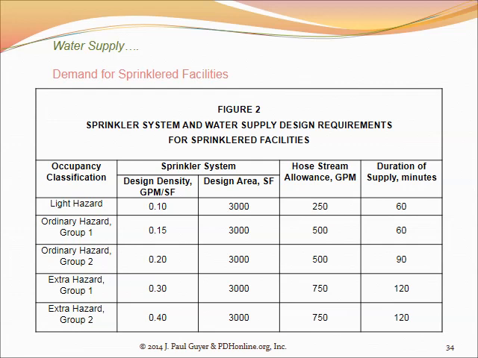That's the thinking. In the extra hazard group 2, it's 0.4 times 3,000, which is 1,200, added to the hose stream of 750, which gives you 1,950 GPM for 120 minutes. And that tells you if you have enough water for fire protection purposes at your building.